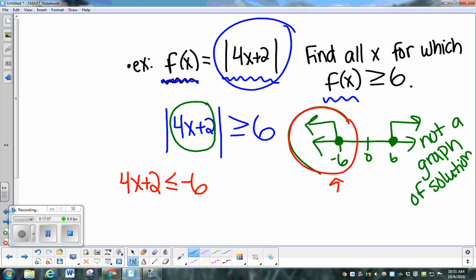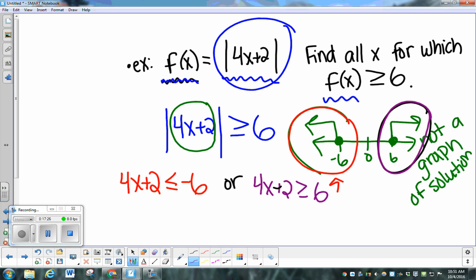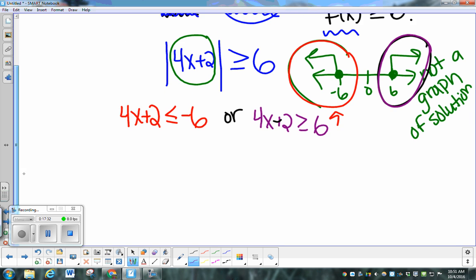Or it might be greater than or equal to 6. So maybe 4x plus 2 is greater than or equal to positive 6. That's the hardest part, writing those two equations. That's what's tricky. So let's solve each of those separately now.